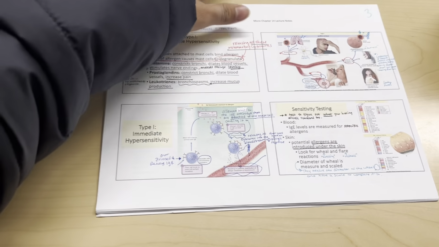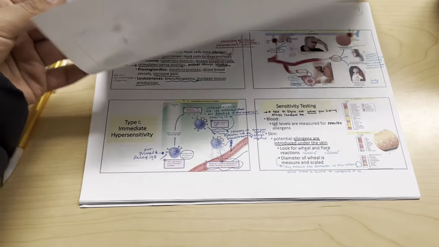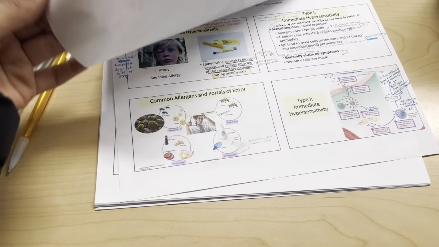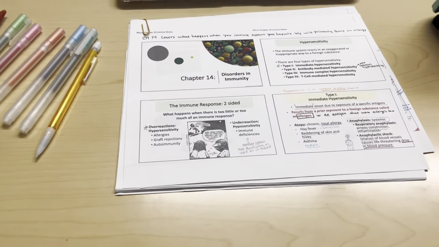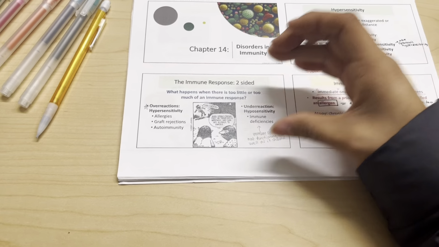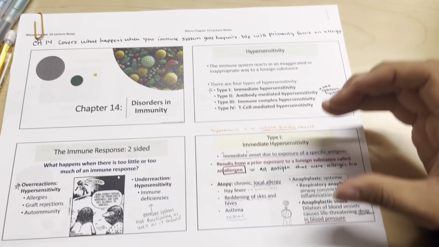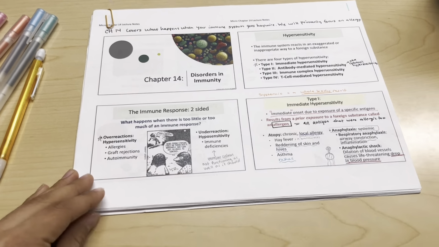To me it helps a lot more to visualize and see the big topic. I used to take notes on an iPad, one slide a page, one at a time, and I didn't get the big picture as well. So that's why I do it this way.